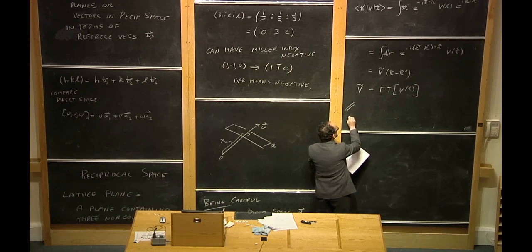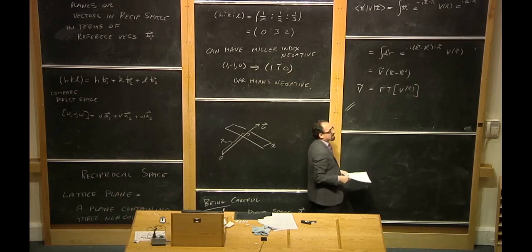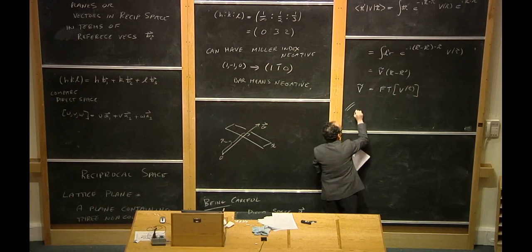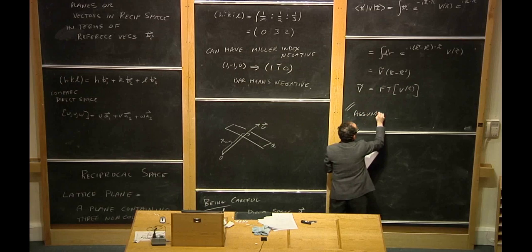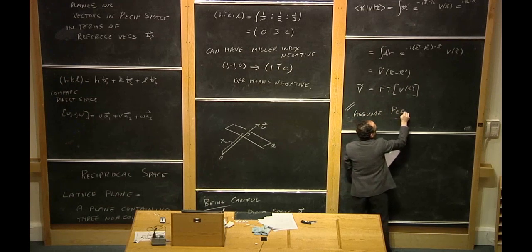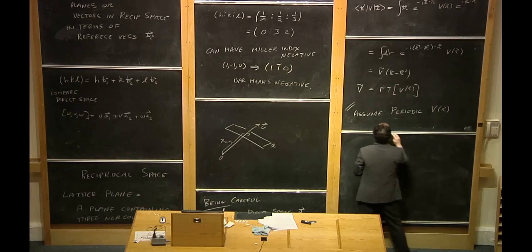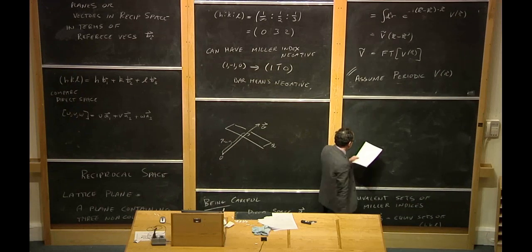Now, in the last lecture, we considered Fourier transforms of periodic functions. So we're going to assume we have a crystal, a periodic scattering potential, v of r. If we have anything that's crystalline, the potential will be periodic.